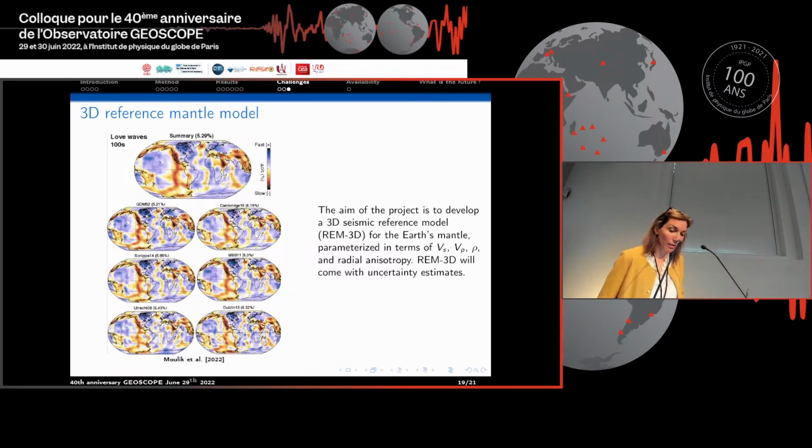It's hard work, and they are trying to gather the data. For the surface waves it is done, they have published and succeeded in getting a data set, and now they are trying to gather body waves, I think, and at some point from that there will be a 3D reference model. It's interesting because it can be helpful to start from a 3D reference model rather than the usual 1D model when we do tomography, or it can give you a better a priori model for a later inversion.